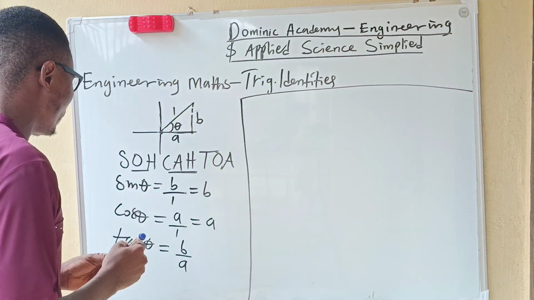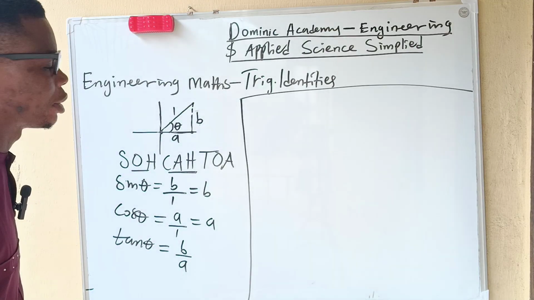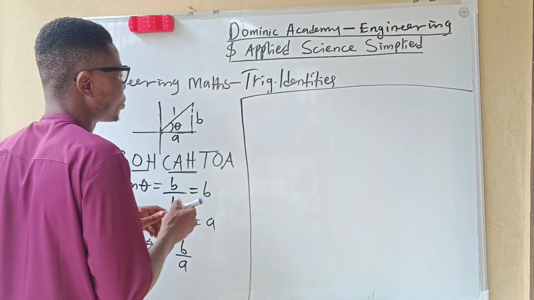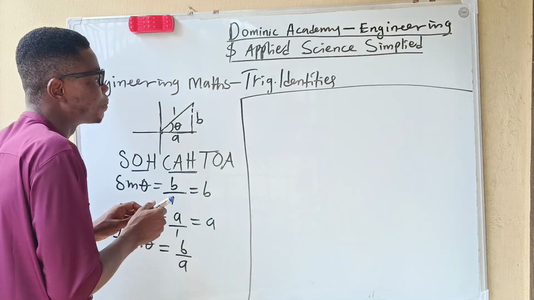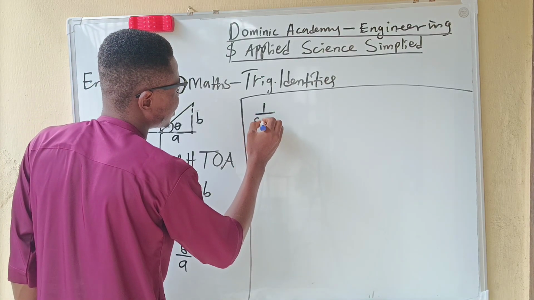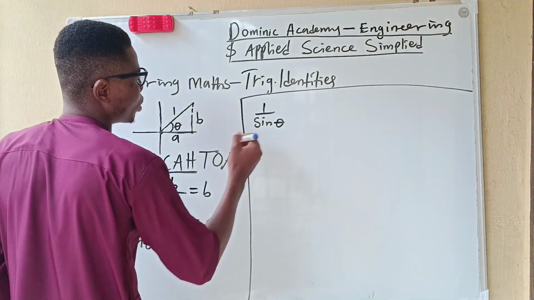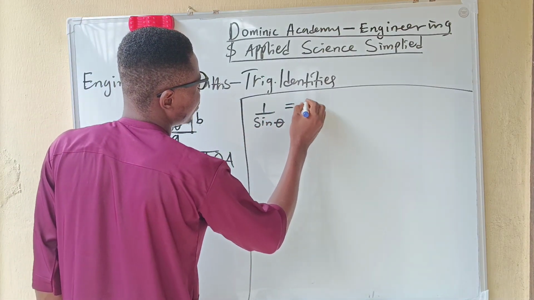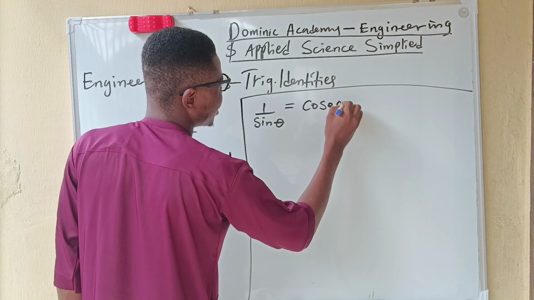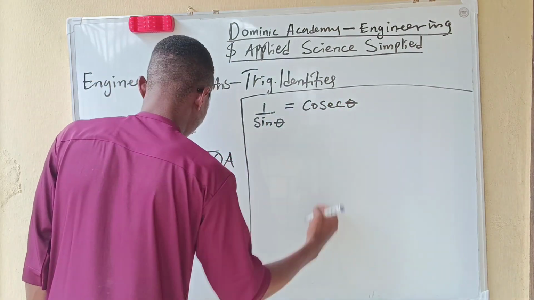All right. So when you find the inverse of sine, you are going to have another identity. The inverse of sine, or the reciprocal of sine, is going to be 1 over sine theta, which is going to give us cosec theta. 1 over sine theta is going to give us cosec theta.